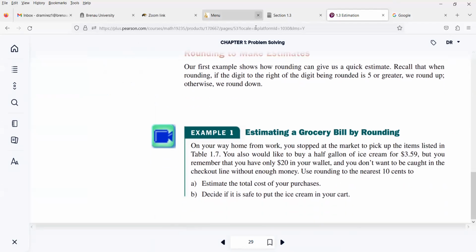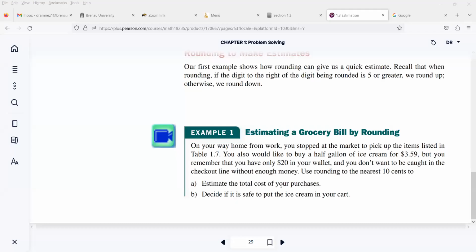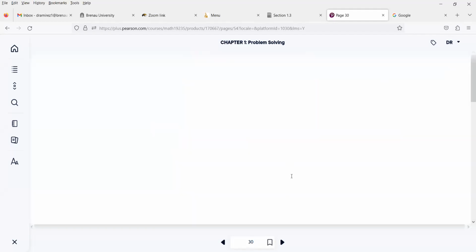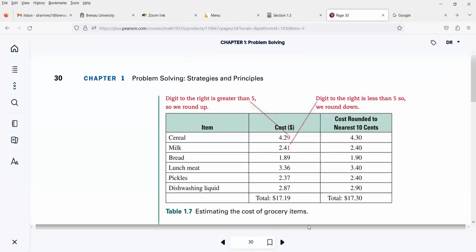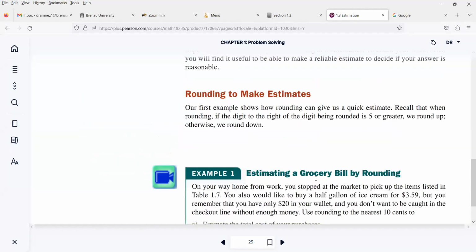So suppose that on your way home from work, you stopped at the market to pick up the items listed in Table 1.7 on the next page. I'm going to show you the table. You have these items: cereal, milk, bread, lunch meat, pickles, and dishwashing liquid.